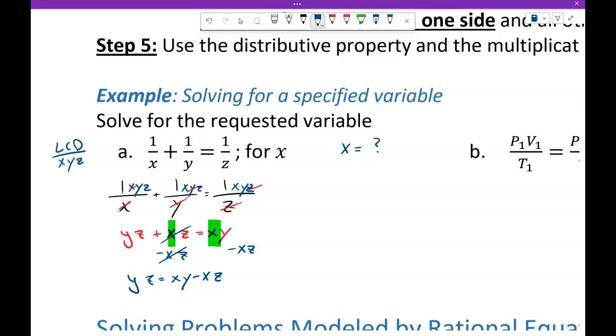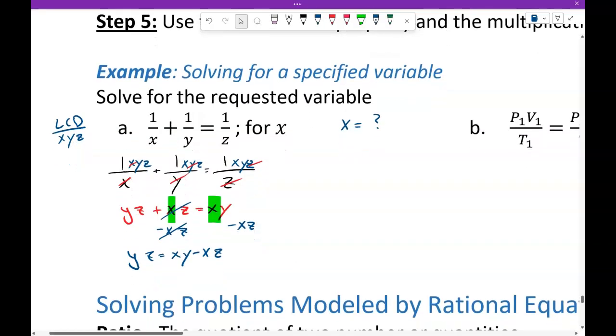Now these aren't like terms, so I can't combine them. But a little trick that we can do: notice we have the same variable that we want in both terms. That's a common factor. So in order to remove it, we will factor out that common factor of x. That allows us to take two terms with the variable down to just a single factor.